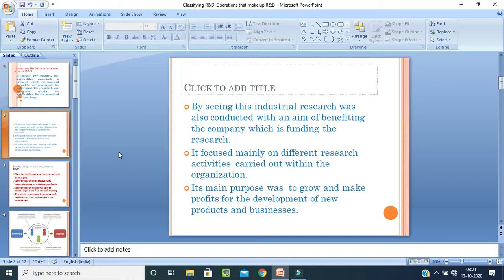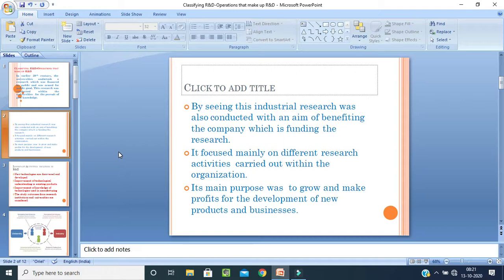After seeing the results from the universities' research and development facilities and activities and the benefits, the industry people also started doing research on their products, for the benefit of the company's funds or for the company's future course of action.